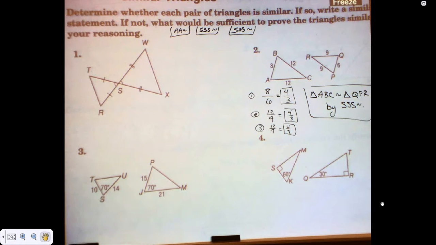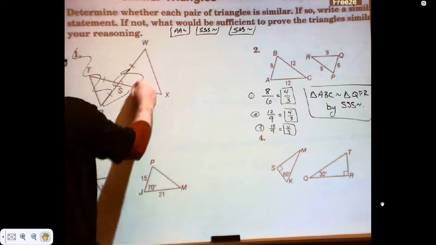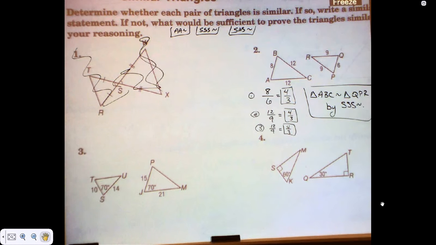Leaving that there, I've already done this one, so kind of erase that out of your mind. Let's look at number 3. Obviously, I'm going to need to try to get which one here? This is the included angle of the two sides. Side, angle, side, similarity. I've already got the angle, the A, taken care of. Now I need to see if this side works.